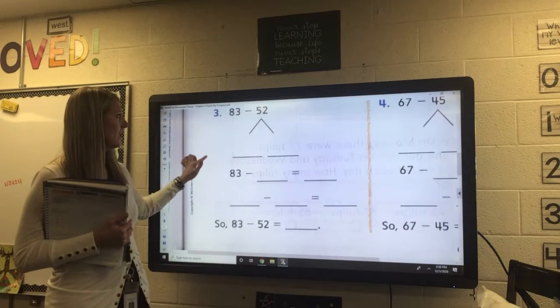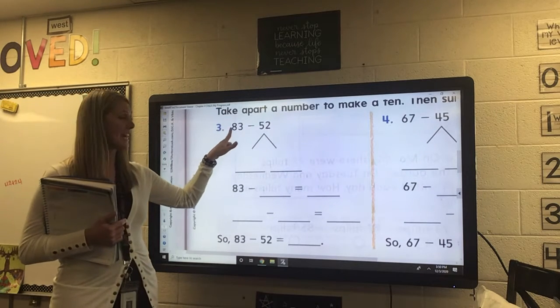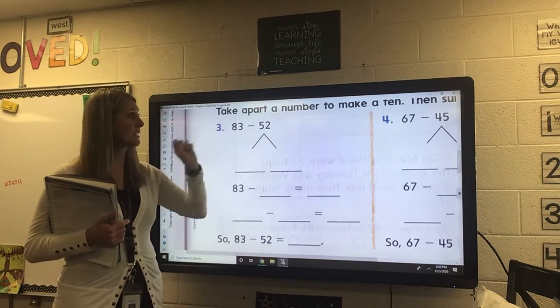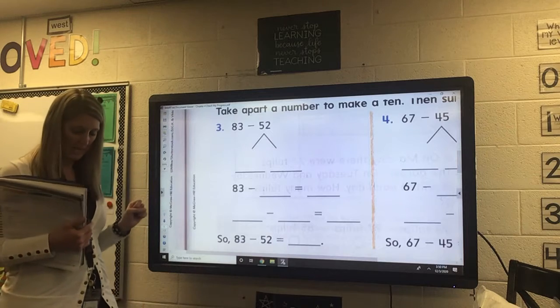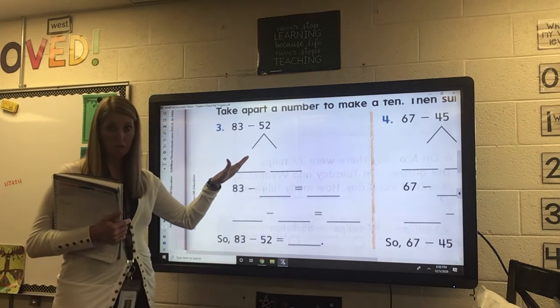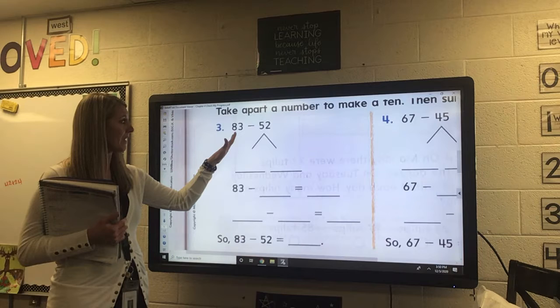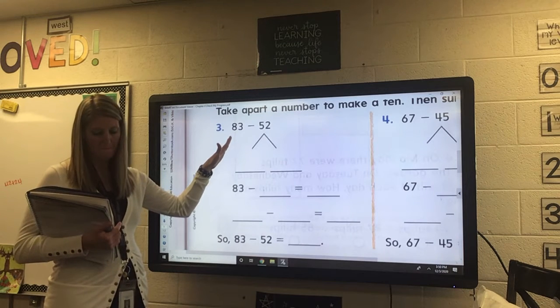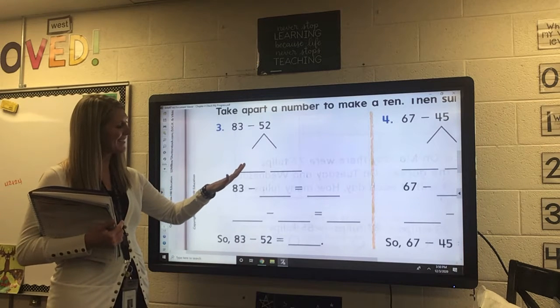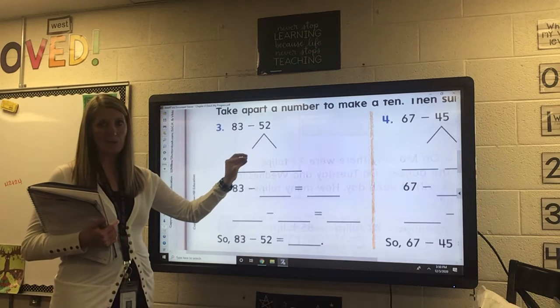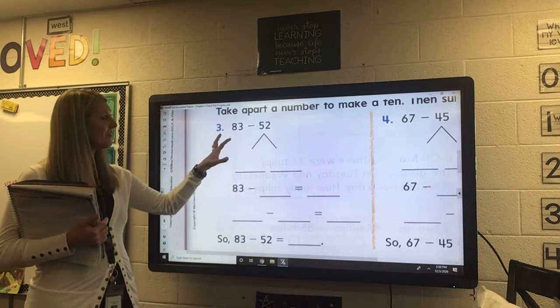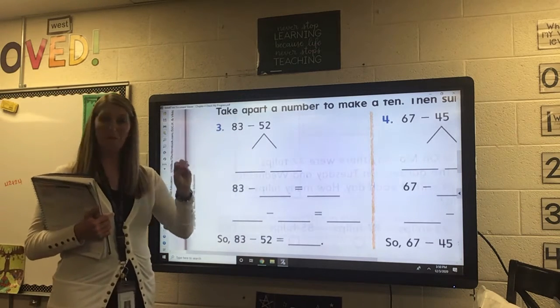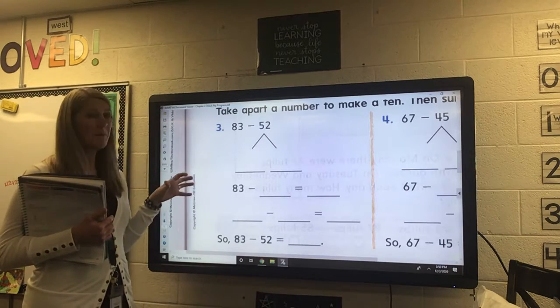Number 3 says 83 subtract 52. Now we want to take apart 52. If I am trying to get to a number I can subtract easily, I either want to get 52 down to 50 or I want to get it to 60.